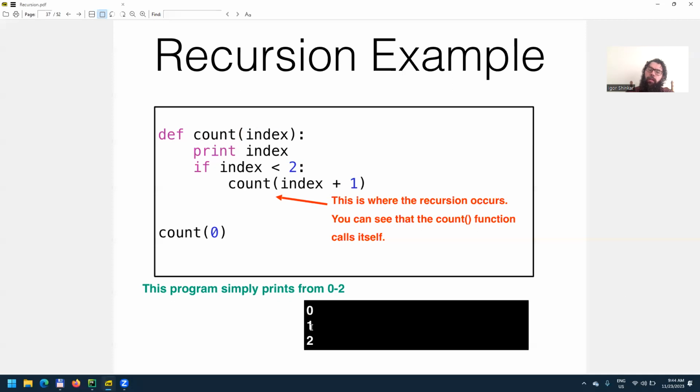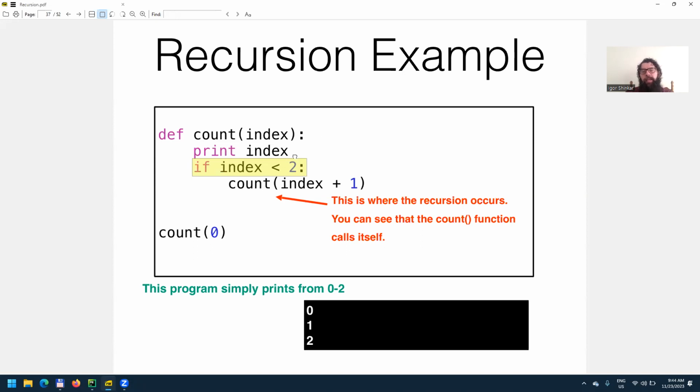Then we print one. One is still less than two, so we call this again with count of two. We print two. We don't reach the if statement, so we don't call it again, and we exit. So the program will print 0, 1, 2.